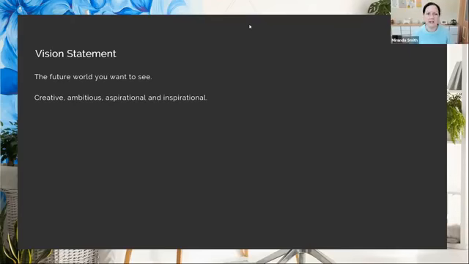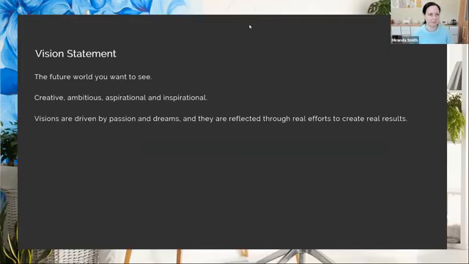It's very creative and ambitious and aspirational and inspirational, and therefore something that you can't achieve just by yourself in one lifetime. So visions are driven by passion and dreams, and then they are reflected through real efforts to create real results.